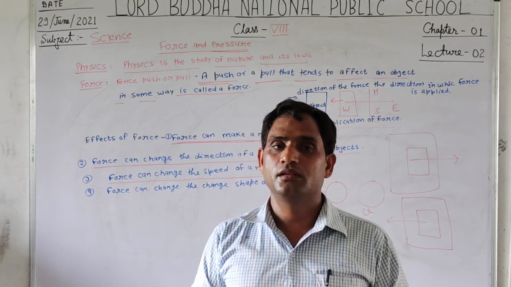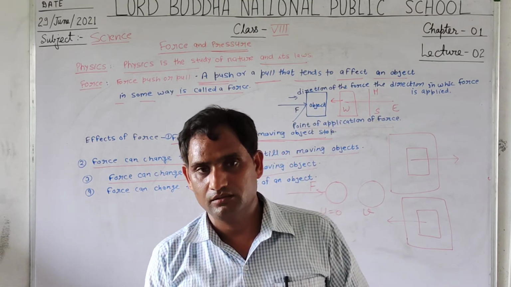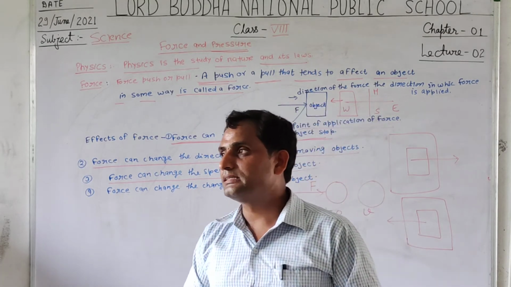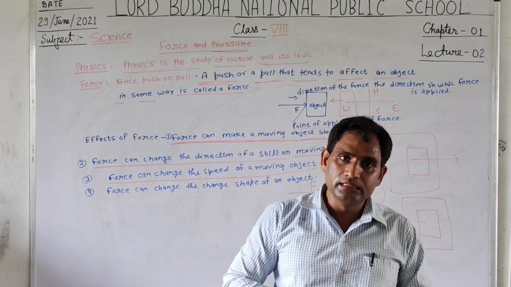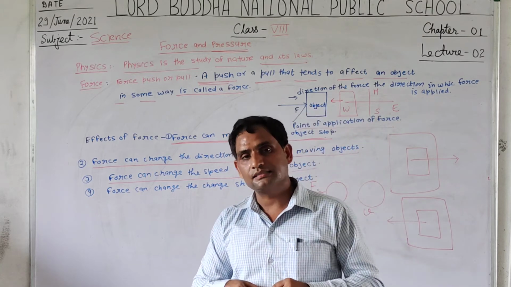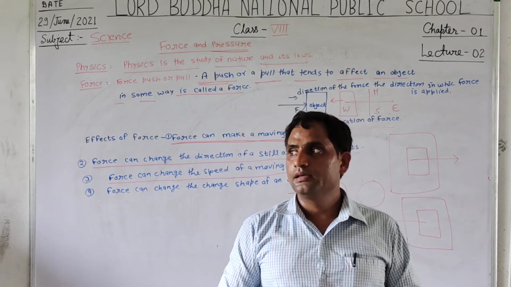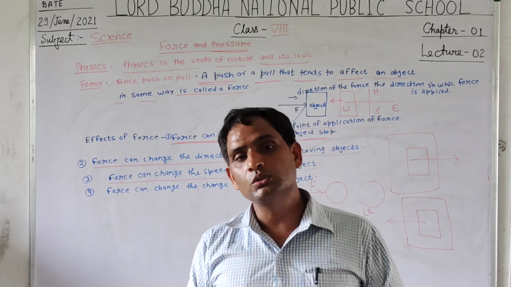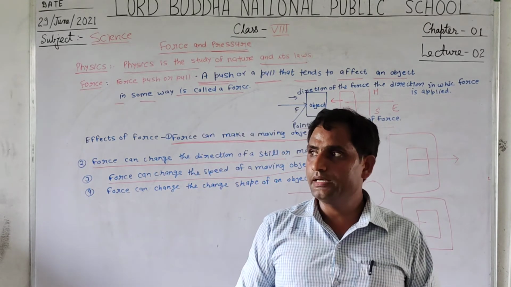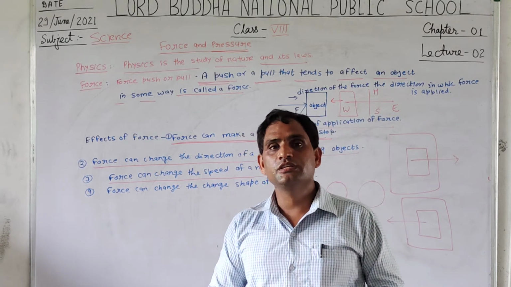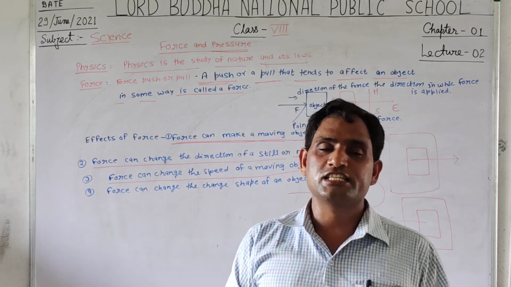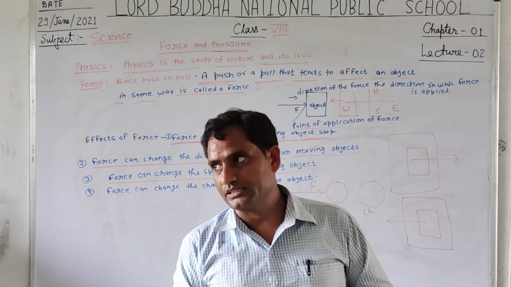For example, when we apply the brake on a bicycle, the speed of the cycle decreases. And if we apply sufficient force, it will come to rest. In this way, by these examples, we see that force can change the speed of an object.